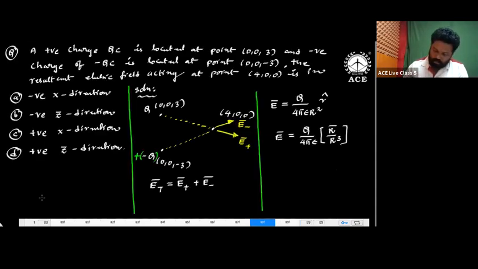E total is equal to Q by 4 pi epsilon, this point minus this point, beta.